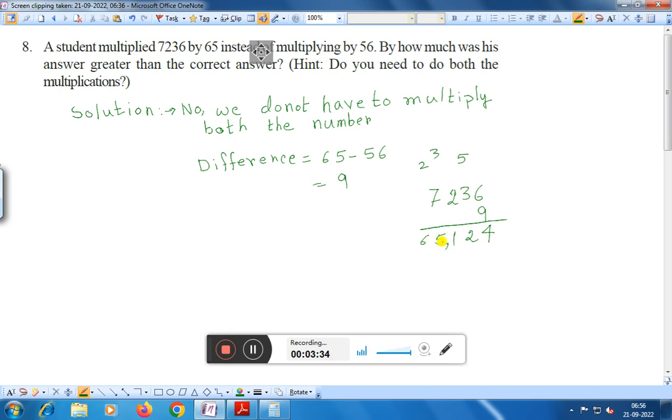So 65,124. Therefore, the student multiplied 7236 by 65 instead of multiplying by 56.